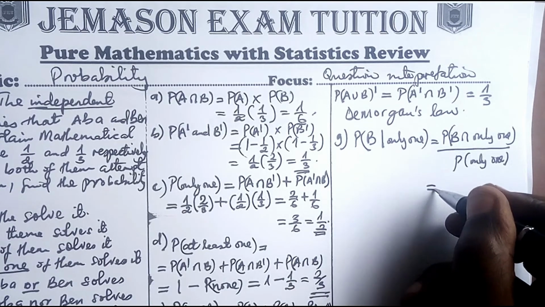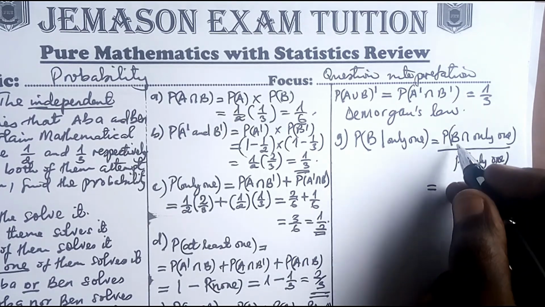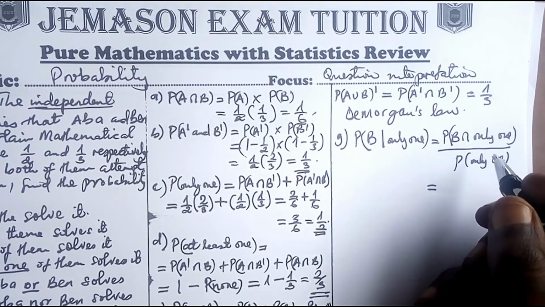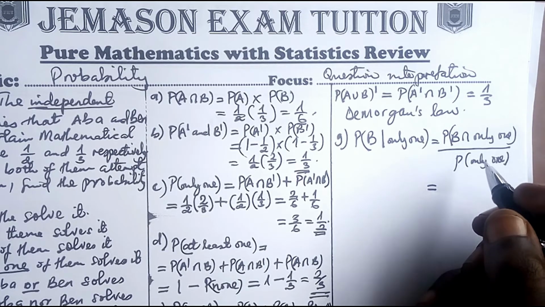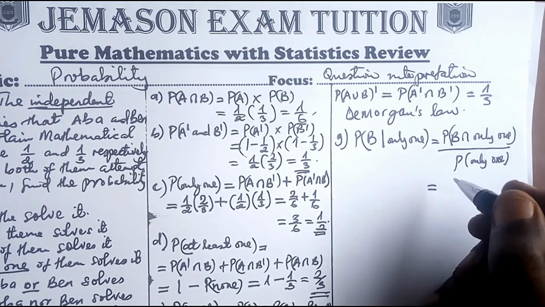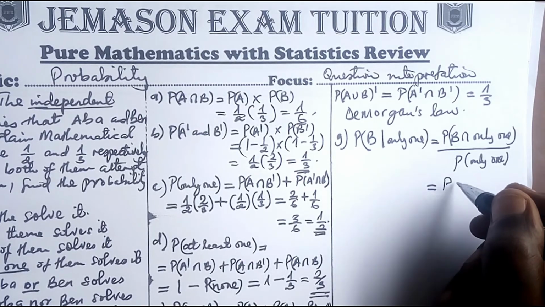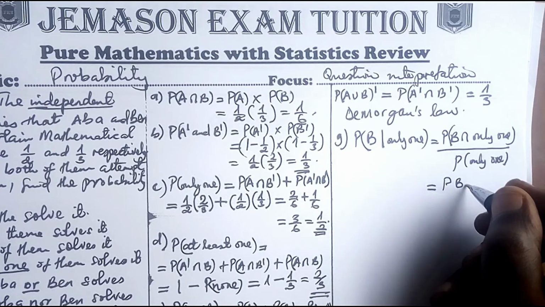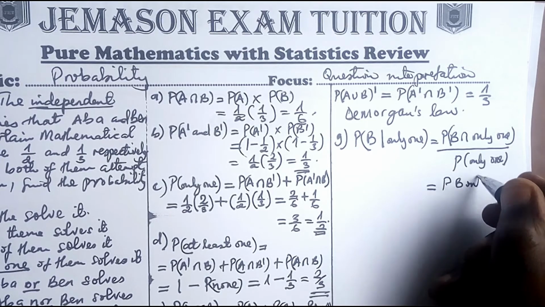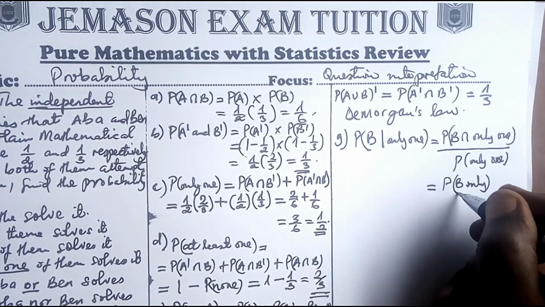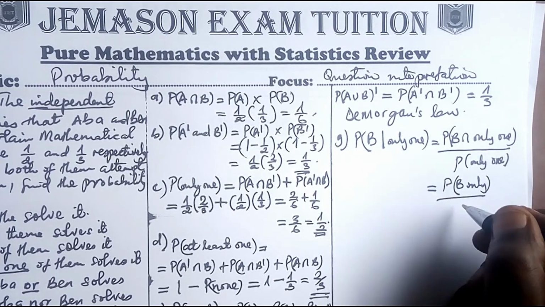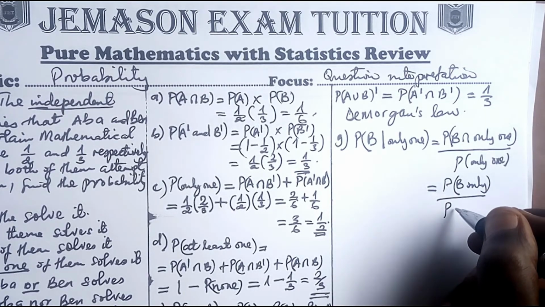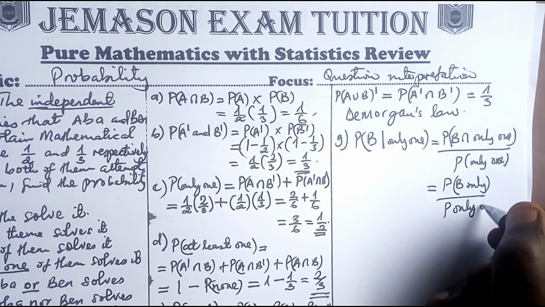And actually P of B intersection only one should be P of B only, only B solving, all over P of only one.